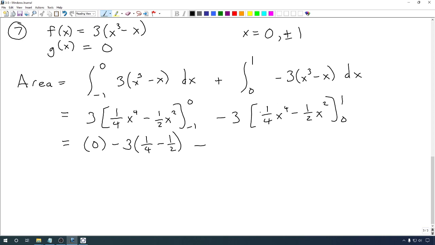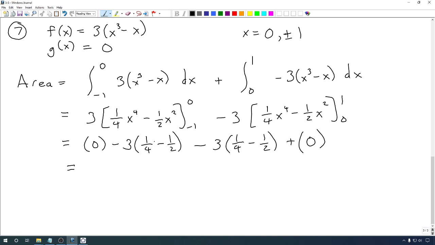Over here, we have minus 3 times what we get when we plug in 1. Of course, that's again going to be 1/4 minus 1/2. And then technically we have the negative 3 times a negative, so plus something, but when we plug in 0, we just get 0 anyways. So the zeros don't really matter.